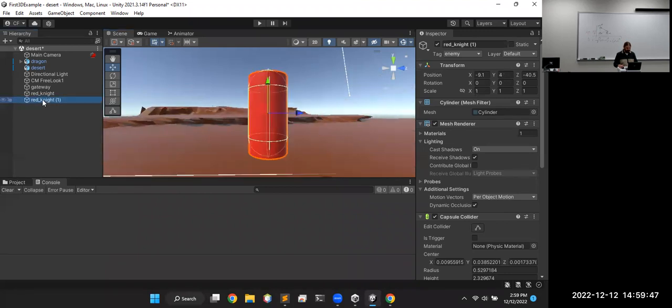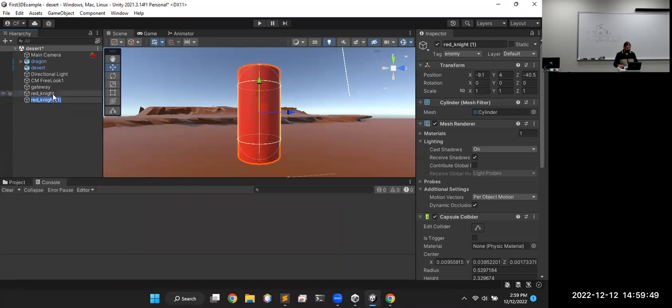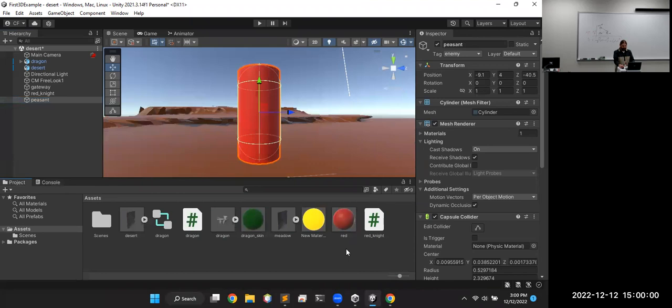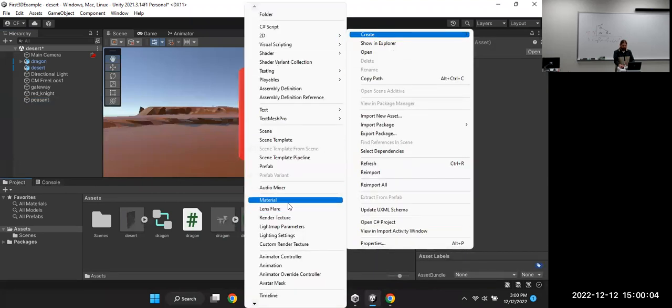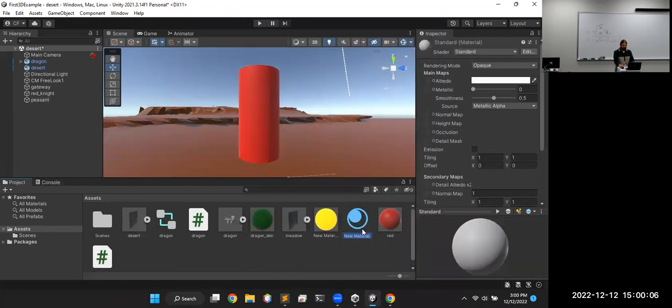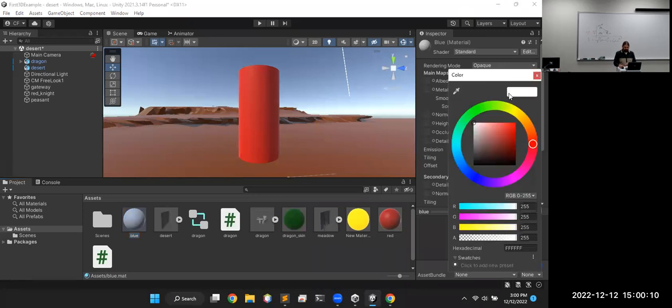And give it a different name. Peasant, that word goes with that, and then maybe a different color. Create a new material. We've seen all this part before, right? Call it blue.